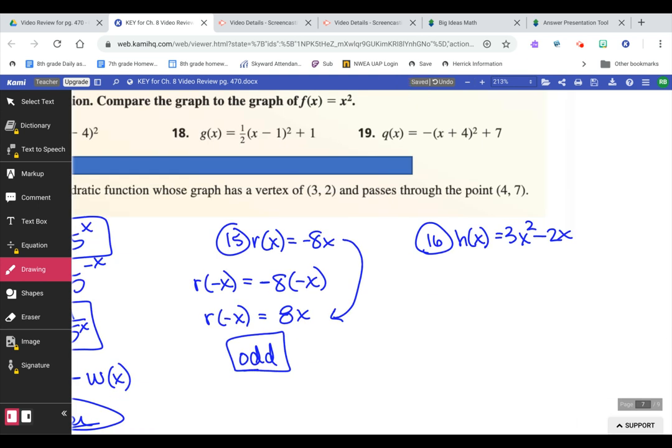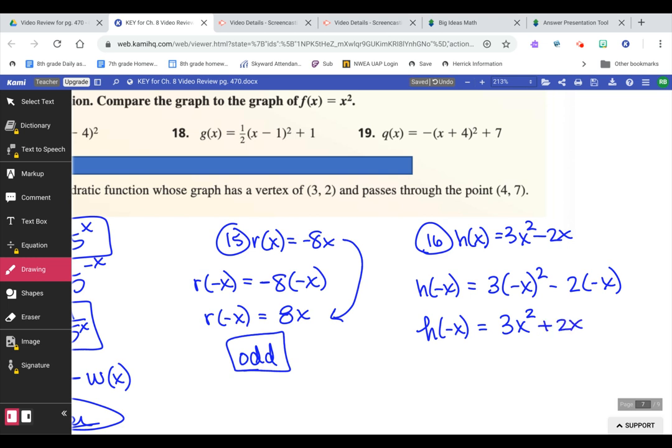16, when you put in negative x, you get 3 times negative x squared minus 2 times negative x. Negative x squared, negative x times negative x, is positive x squared. So now we have 3x squared. Negative 2 times negative x would be positive 2x.